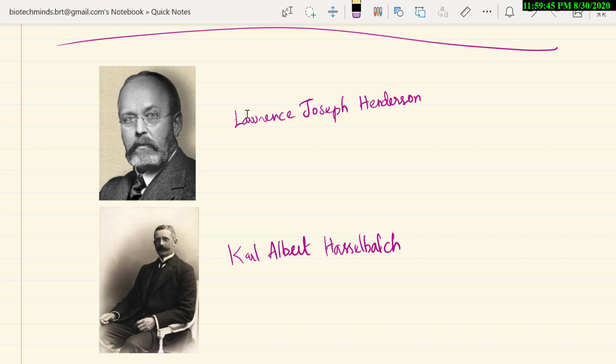So what did they do? This scientist Lawrence Joseph Henderson wrote this equation initially in 1908. He applied this equation in order to describe the use of carbonic acid as a buffer.